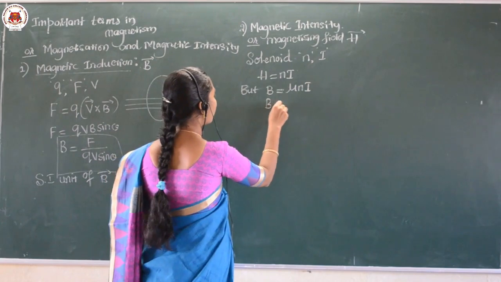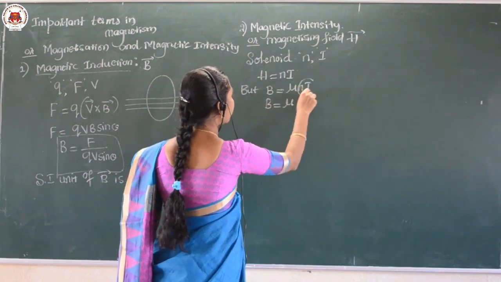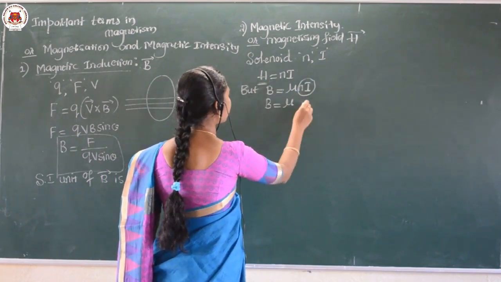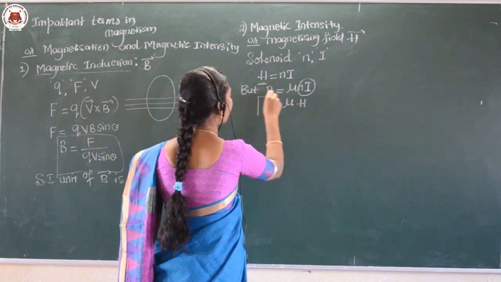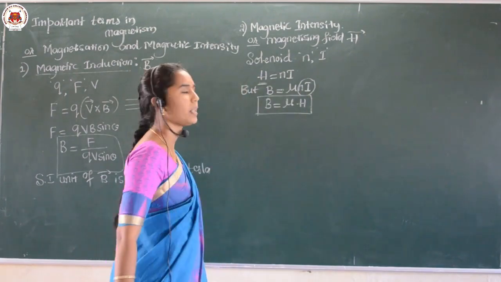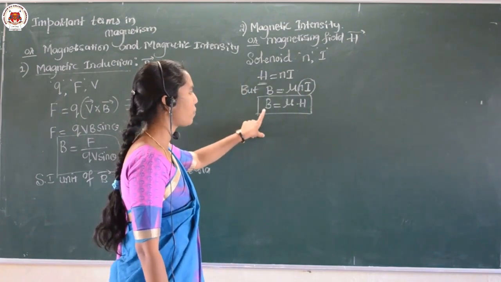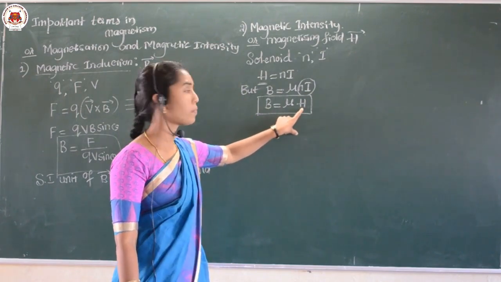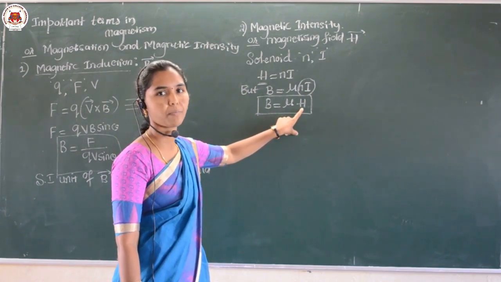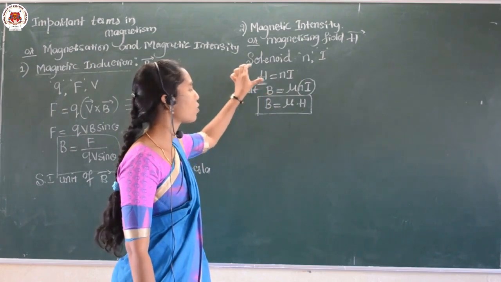In place of nI, you can replace it with H, so B is equal to mu H. This is the important relation between the magnetic induction B and the magnetizing field H, for the solenoid.